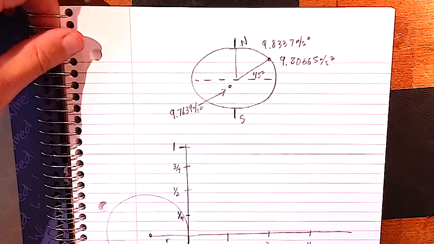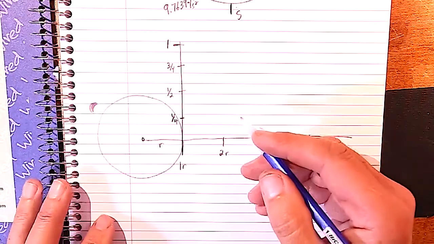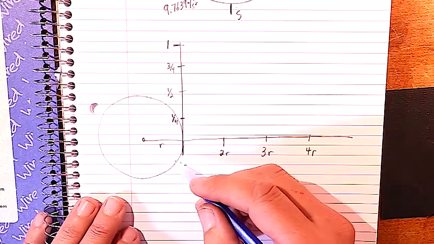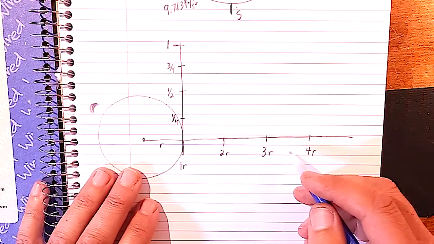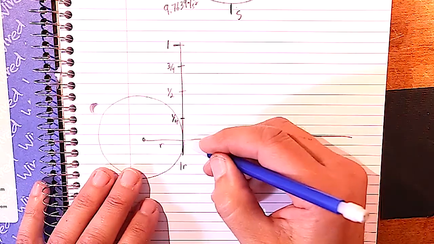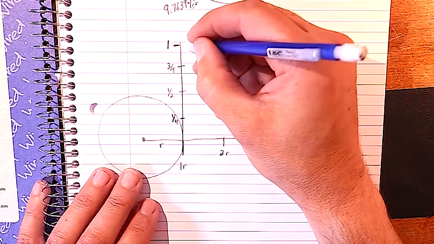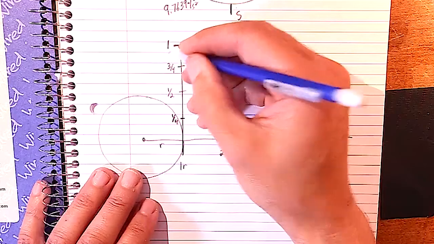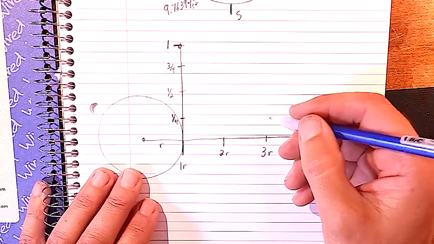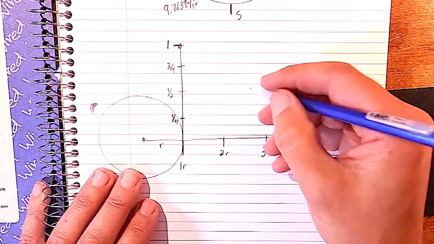All right. So let's go ahead and look at how the force of gravity changes as we move further away from the surface of the Earth. So we're going to call the surface of the Earth 1r, 1 radii. And we'll say that at 1 radii we have a value of 1. Now, I'm going to use pounds for this so you have a better sense rather than newtons.